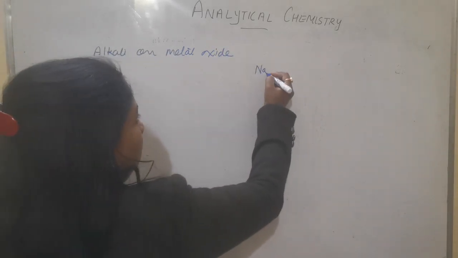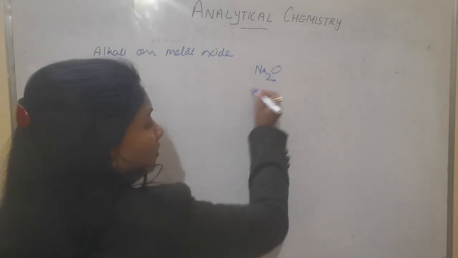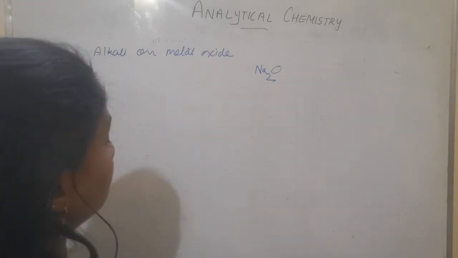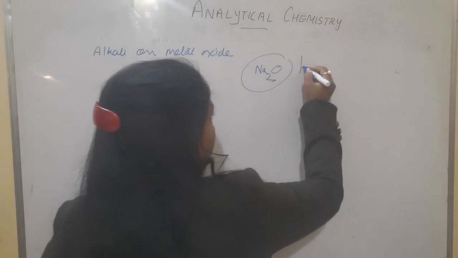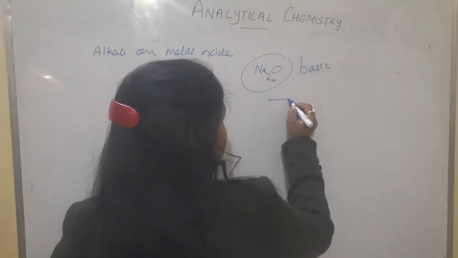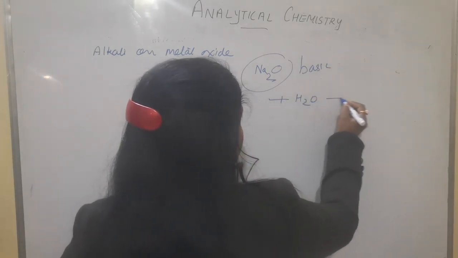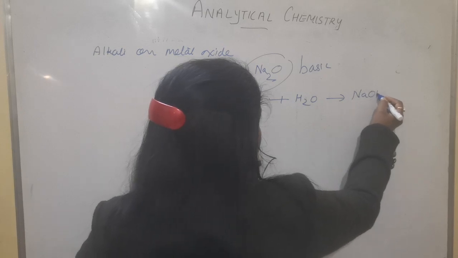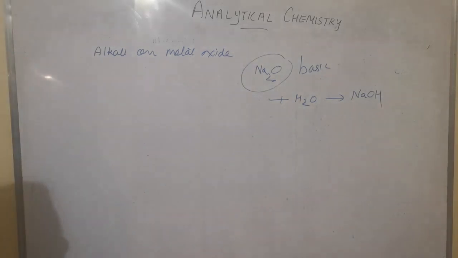Metal when combined with oxygen, they are metal oxides. So these metal oxides are of basic nature because when they are dissolved in water, they produce an alkali or a base.